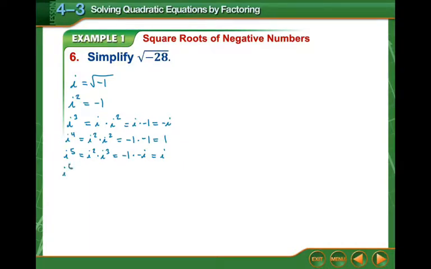So i to the 6th is negative 1, i to the 7th is negative i, i to the 8th is 1, and so on. I'm not going to keep writing these down for you, but the pattern continues from there. So as long as you can break them down and figure out which one it lines up with, it's going to be one of those 4 things: either i, negative 1, negative i, or 1.